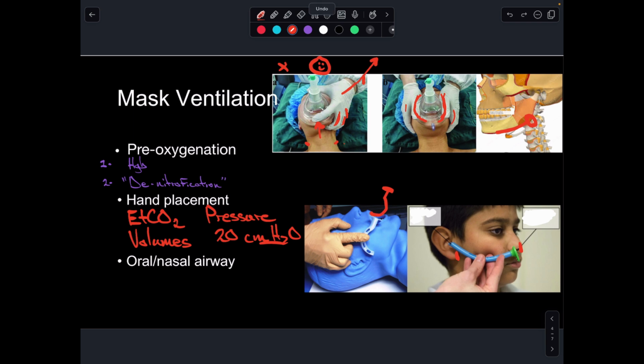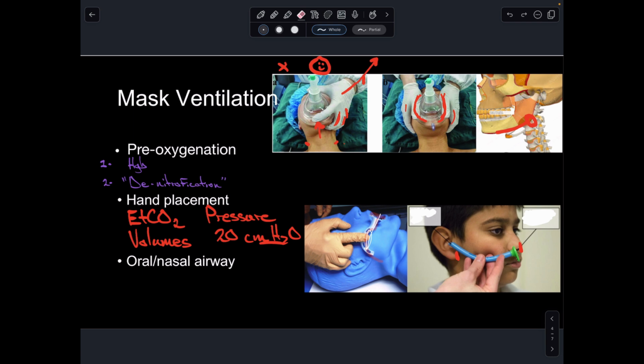You begin inserting this into the patient's mouth, and then as you move it down and you meet resistance, you would begin to rotate it until ultimately it fits in the patient's mouth, kind of as shown here. The bite block here, and then the straight curvature, where it reaches down towards the patient's pharynx to prevent the tongue from occluding the airway.